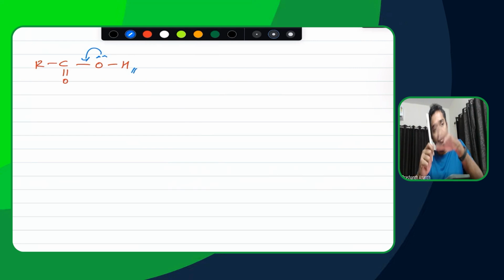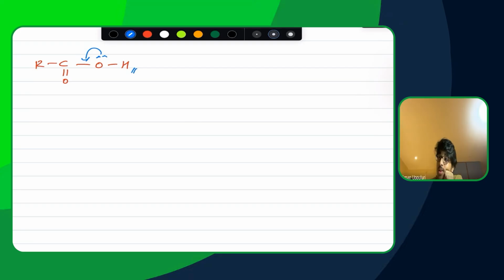One end is heavier, the other end is lighter. One end is bigger, the other is smaller. The problem is the smaller end is also heavy in its own way, not in terms of mass, but in terms of the charge. Is the idea hard to understand?